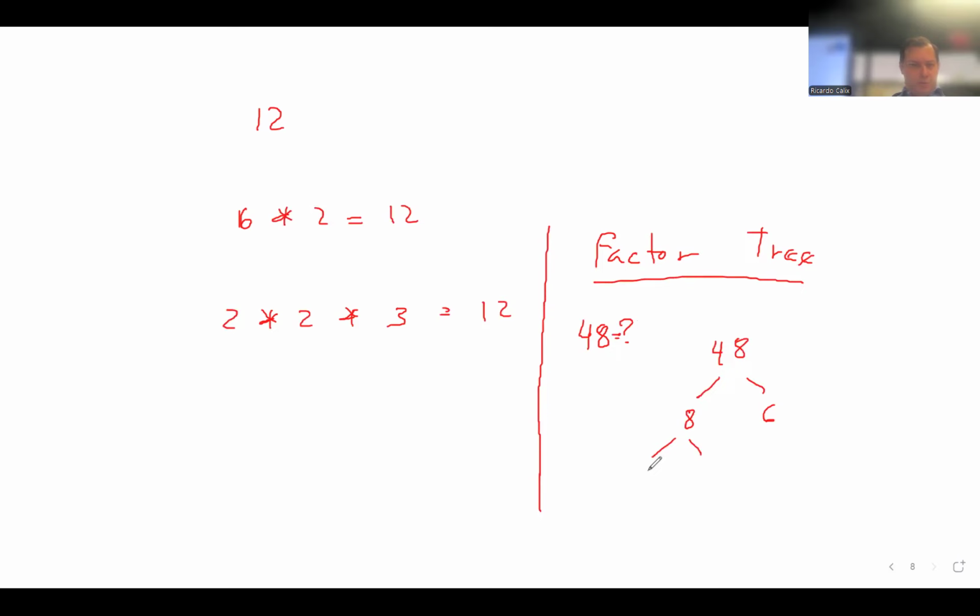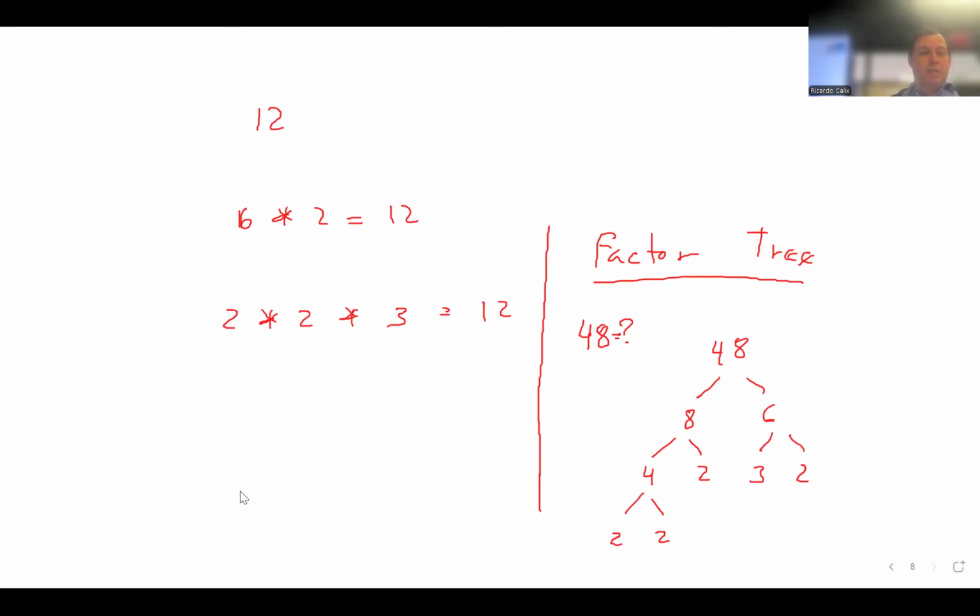And then you factor this one as 4 times 2. As you can see, this is a type of binary tree, like you have seen in your data structures course. So 6 becomes 3 times 2. And now we just have a few nodes in the tree that still need factorization, which is 4. So 2 times 2. You see that? This is an algorithmic approach.